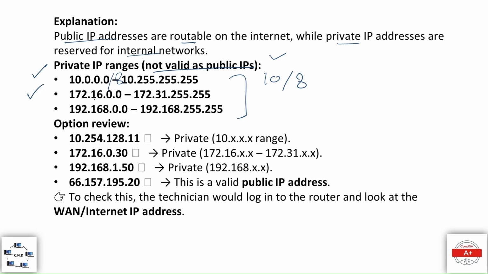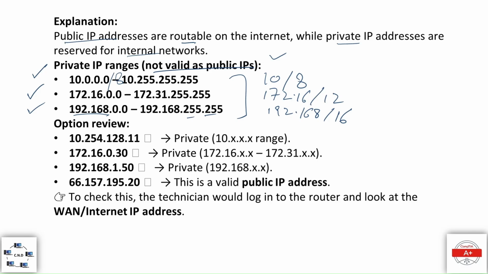The next range is 172.16.0.0 up to 172.31.255.255. You can also write this as 172.16/12. And the next one, the popular one that we most often use in our home setups, is 192.168.0.0 up to 192.168.255.255. You can also write this in CIDR notation as /16.